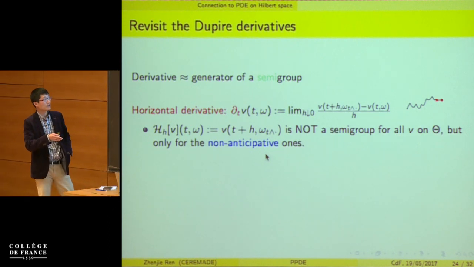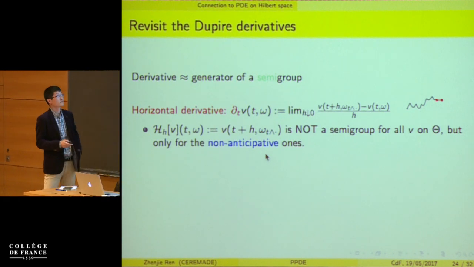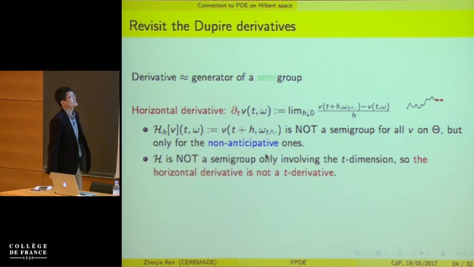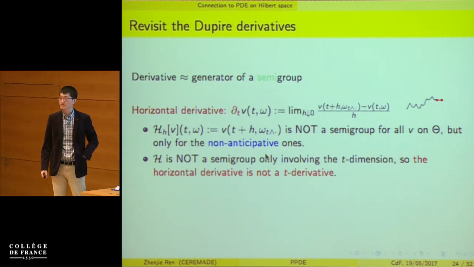We note that, first, it's not a semigroup on the product space. It's only a semigroup for those non-anticipative functions. So it's really a derivative only for non-anticipative functions, and it is not a semigroup only involving the time dimension.